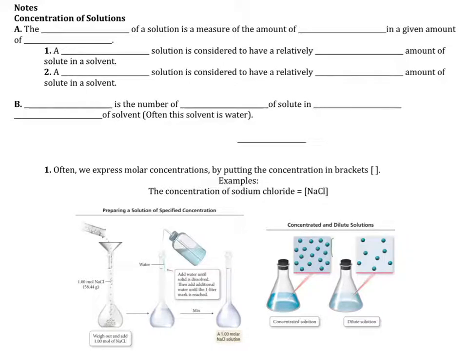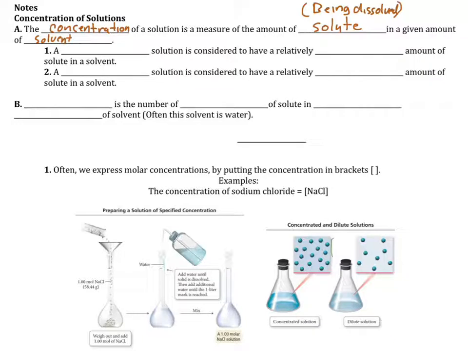All right, let's go ahead and talk about concentration, which is also known as molarity. So that's what we're going to talk about. The concentration of a solution is a measure of the amount of solute, which again, solute is the thing that is being dissolved in a given amount of solvent.